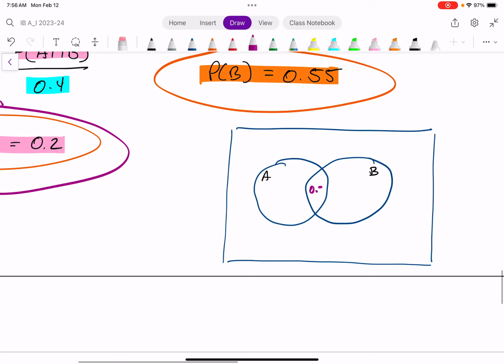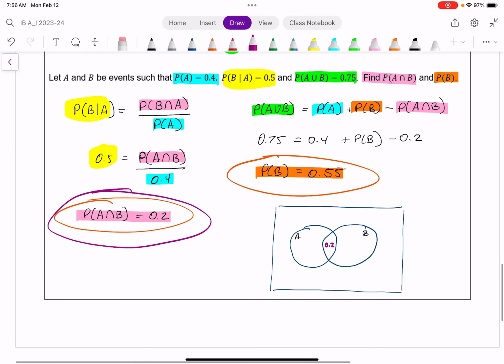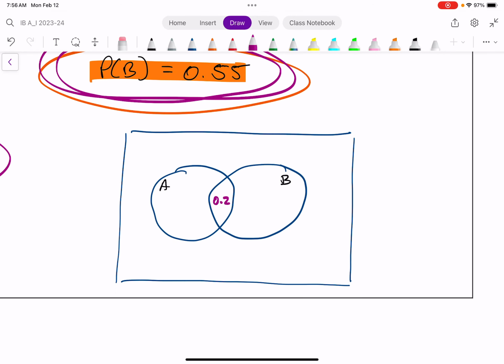So I'll put 0.2 right there. I can see that the probability of just B occurring is 0.55. Well, that means 0.2 plus something equals 0.55. So that means the rest of this circle must be 0.35.